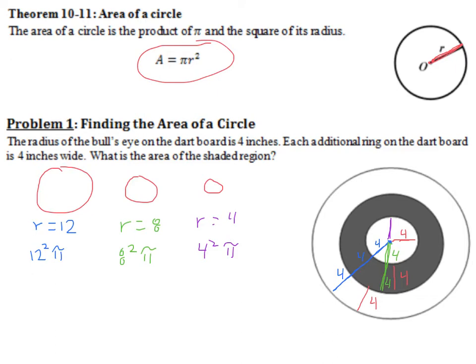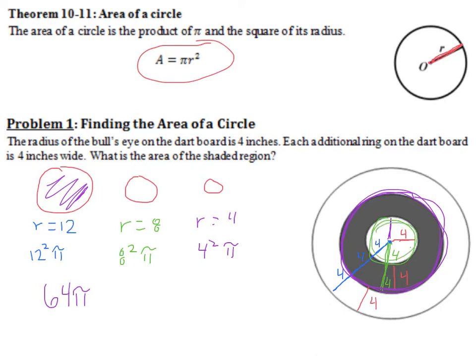So now if I want to find the area of the shaded region, well, I actually don't need this big circle, because I'm just focusing on this part right here. So in the medium circle, the whole thing is equal to 64 pi, because 8 squared is 64. That's the whole medium circle, and I'm subtracting out this little circle.